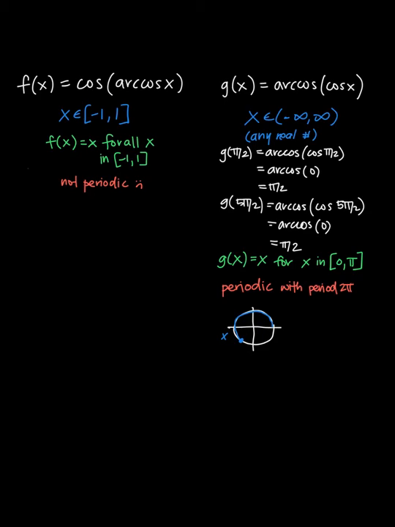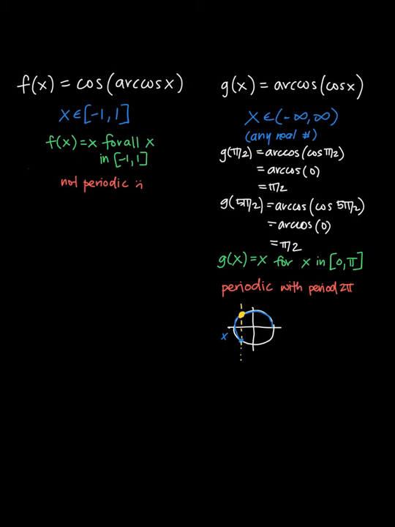So if I wanted to isolate the cosine value, I'm going to put a vertical line that shows its horizontal position. And if I were going to ask what is arc cosine of that, that would be the distance traveled that's between 0 and pi, so somewhere up here in the circle that has the same cosine value as x does, and it's going to be this point right here.